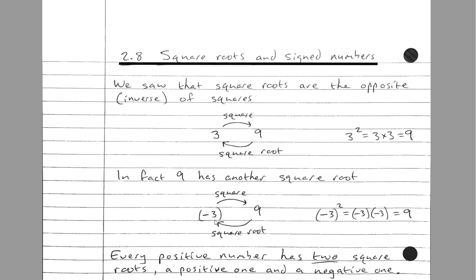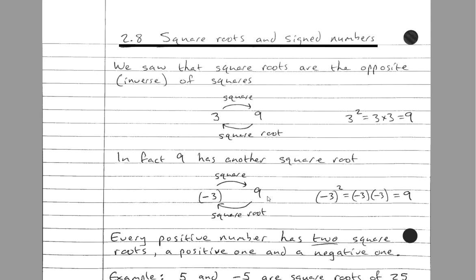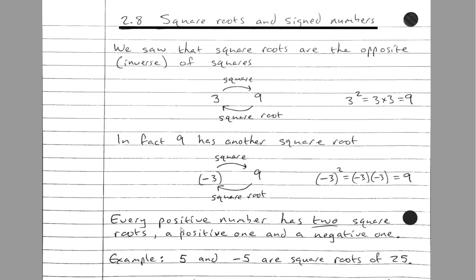So just the same number, but make it negative. So -3 squared is, a negative times a negative is positive. So every number like 9, every positive number, in fact, has 2 square roots. One positive and one negative. The positive square root, that's sometimes called the principal square root.